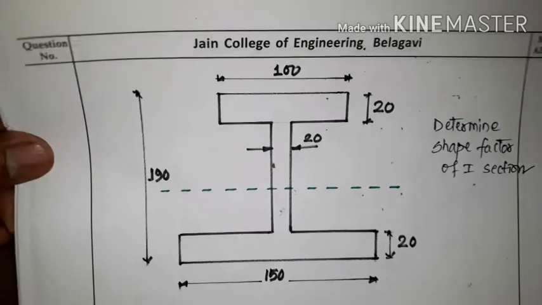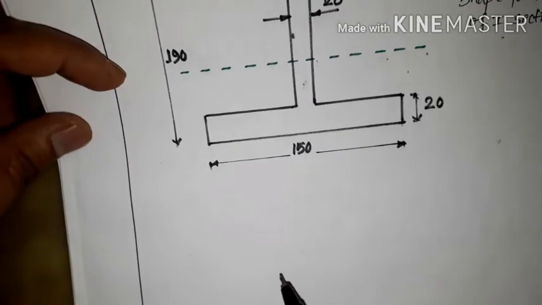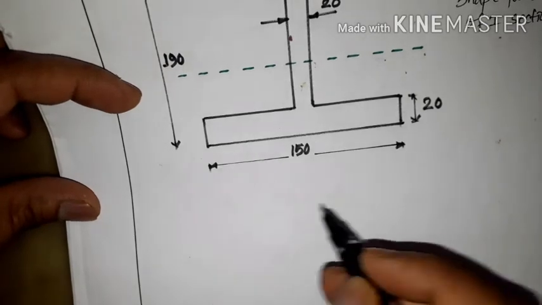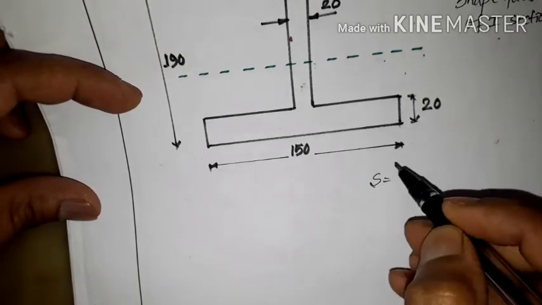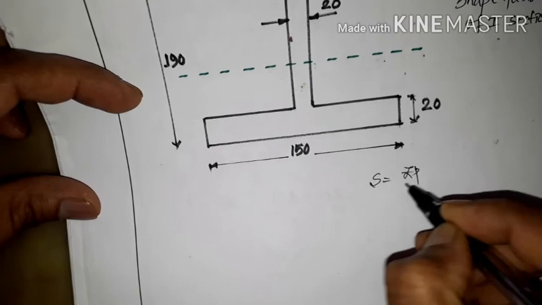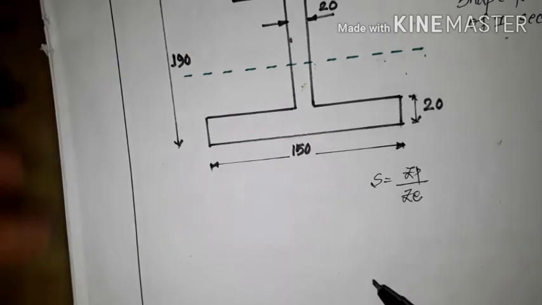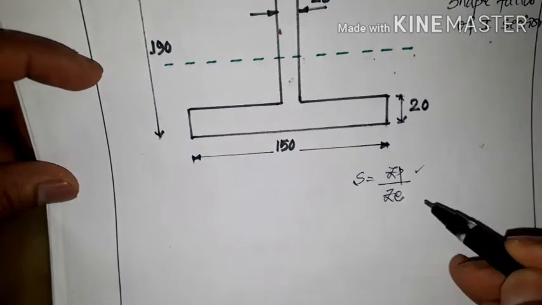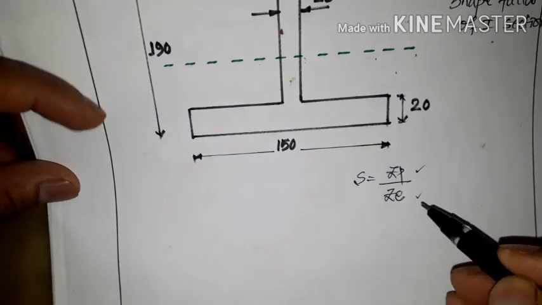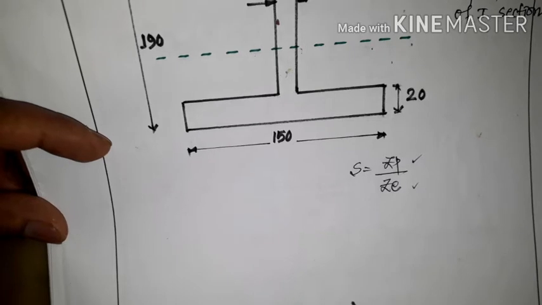First, we are asked to calculate the shape factor, S is equal to ZP by ZE, where ZP is the plastic section modulus and ZE is the elastic section modulus.